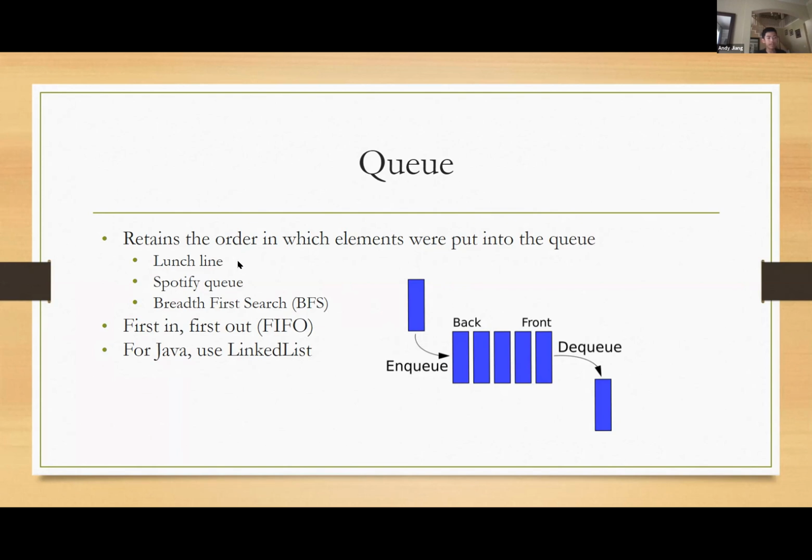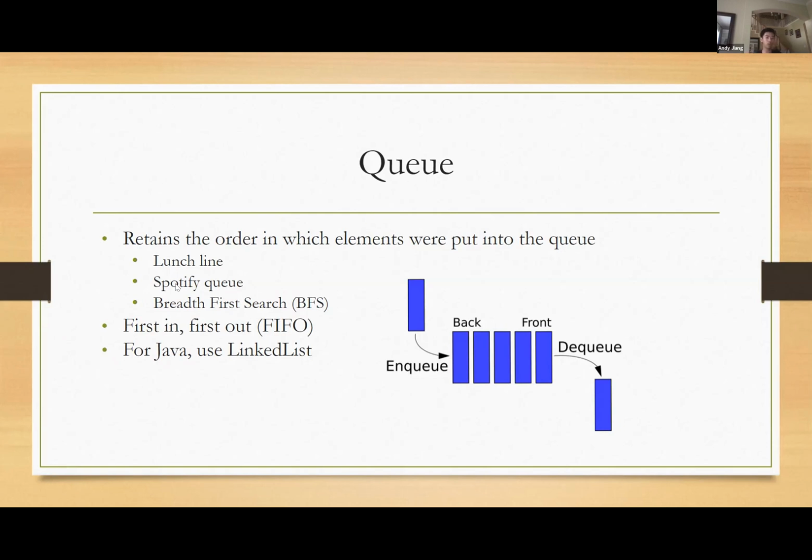You can think of this as a lunch line. As students go into a lunch line, the first person to go in gets served first, and then the second person. Each time they get served, they get dequeued. Every time someone goes into the line, they get enqueued. Or you could think of an application of the queue as a Spotify queue.